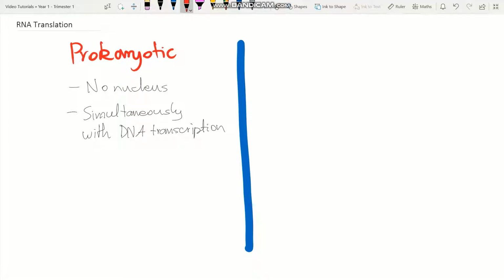However, as we all know, in eukaryotic cells, there is a nucleus present and therefore a nuclear membrane. Therefore, transcription must occur first and then translation must occur.